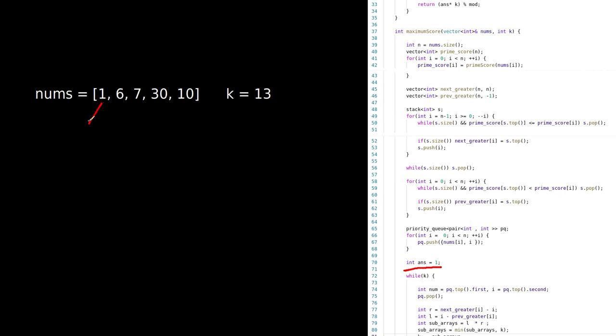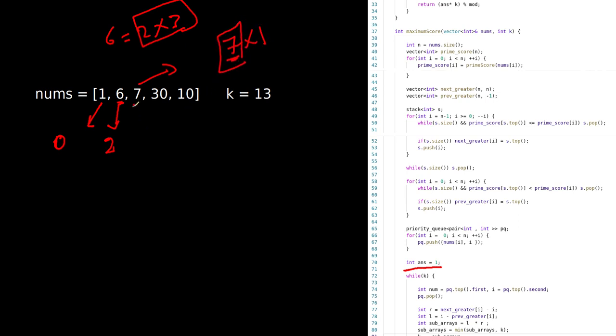So for number 1, there is no prime, so 0. 6 is 2 by 3, and we have 2 primes, so 2. 7, here we have only 7 as prime factor, so the score is 1. 30 is 2, 3, 5, so we have 3 as score, and 10 is 2 multiplied by 5, which has 2.